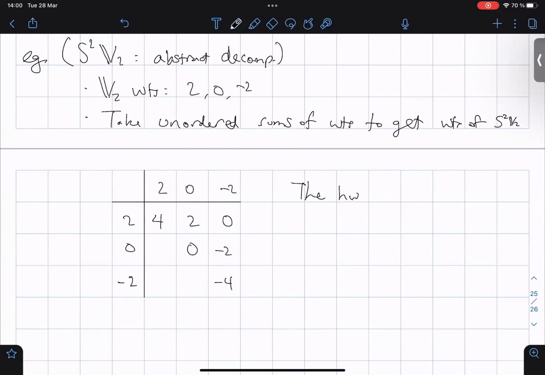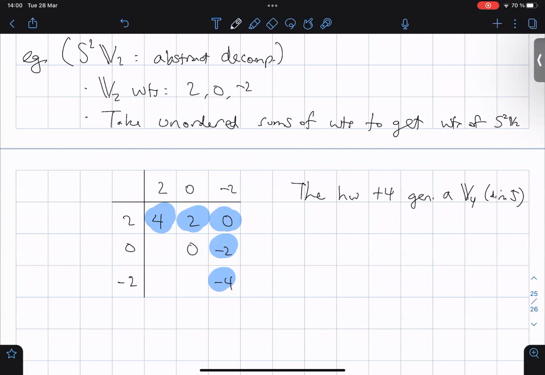Now that you have this list of eigenvalues, you follow the same procedure as before. The highest weight 4 generates a V4, which is dimension 5: 4, 2, 0, minus 2, minus 4. Then I have just a single 0 left.